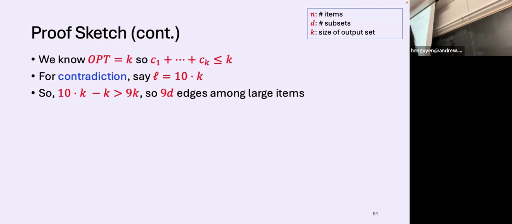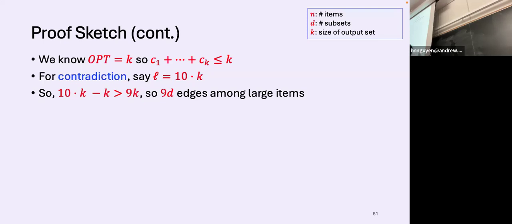But basically, at every single step, remember I did this step for K things, I found a subset. For every single step, I actually had 9K additional large items that I didn't cover. Does everyone see that?